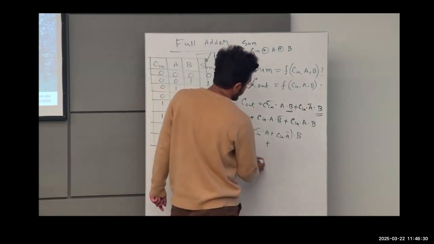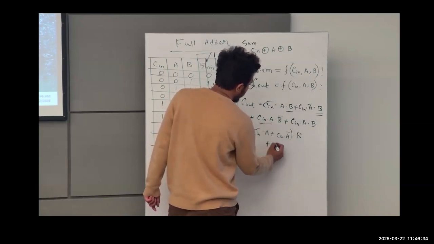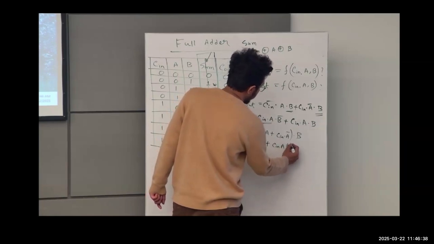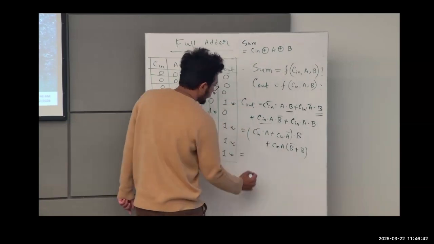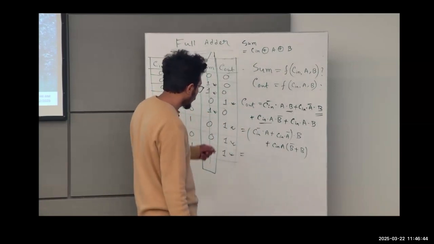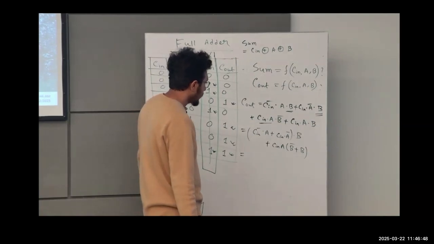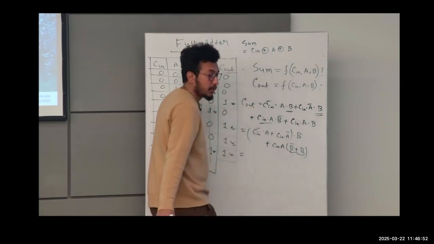Again, what we can do is take C in as common, then we have B bar plus B. If you are familiar with Boolean expressions, this basically means one.